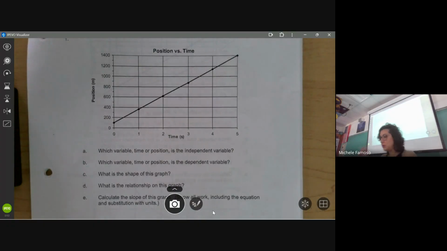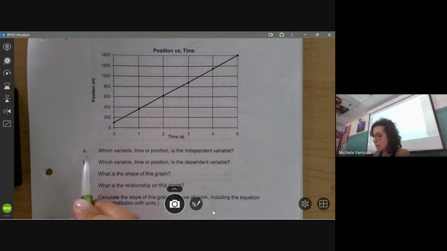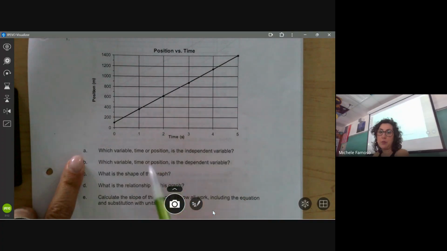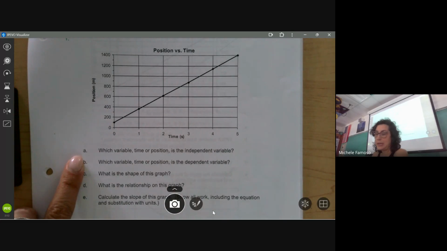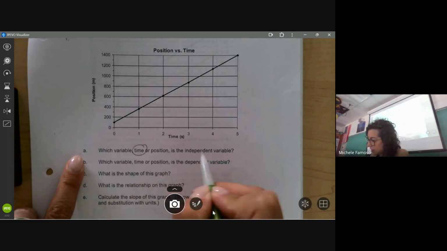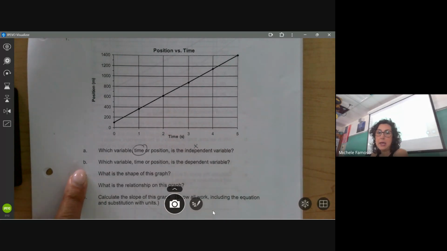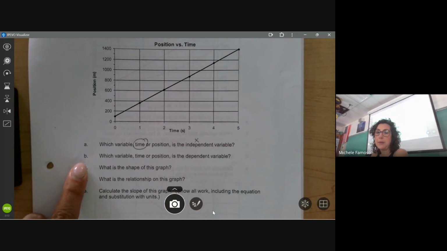Okay. Numero uno. Part A. Here's your graph. Which variable is independent, position or time? It is time because it's on the x-axis. Letter B. Which variable, time or position, is dependent? Position because it's on the y-axis.